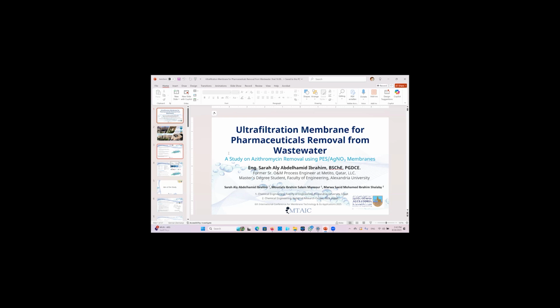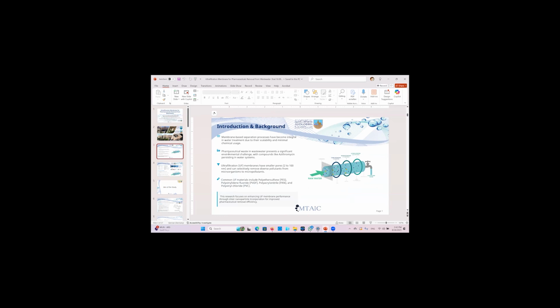Our main challenge in recent years in the wastewater treatment industry is that many industries have had an epic hike in the technology itself. So, in order to overcome one of these major aspects in the wastewater industry, we decided to use a membrane-based separation technology.